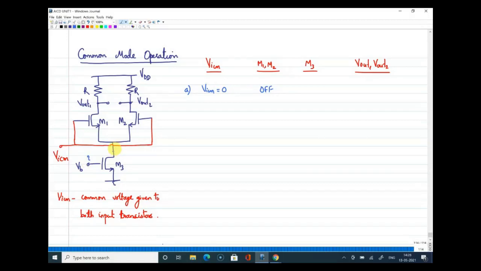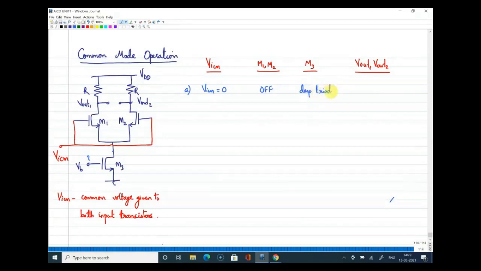So by just providing a gate voltage of VB, and since the drain voltage is not sufficiently high, we can consider that M3 is not in linear region, but in deep triode region, or the starting of the linear region. I would say this is in deep triode region.